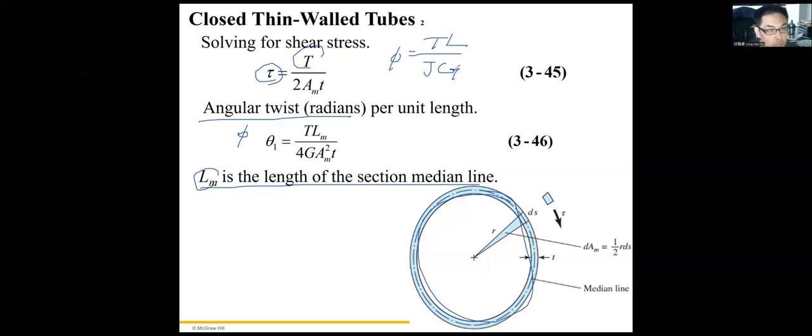For the solid rod. So for the thin wall tube, the twist angle equals T Lm divided by 4G Am squared t.